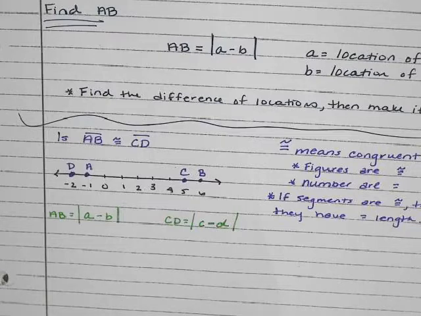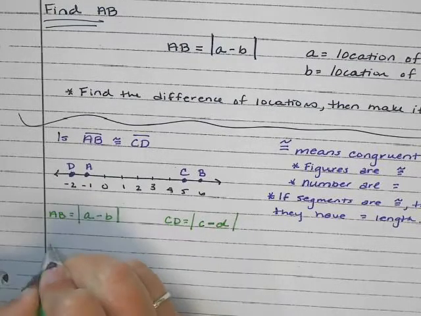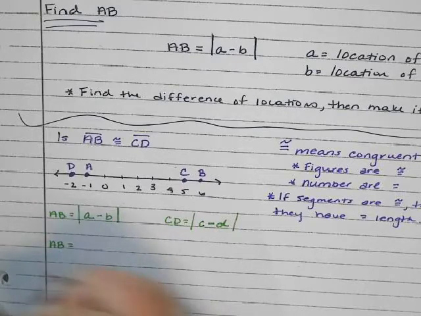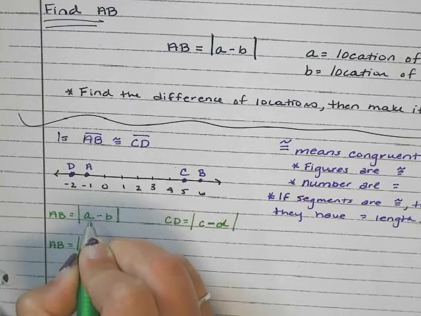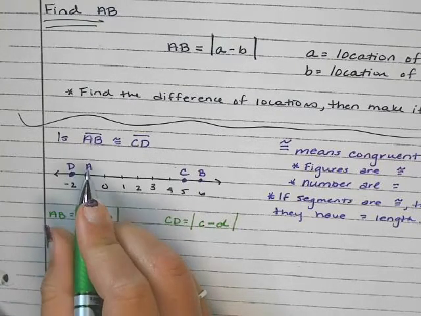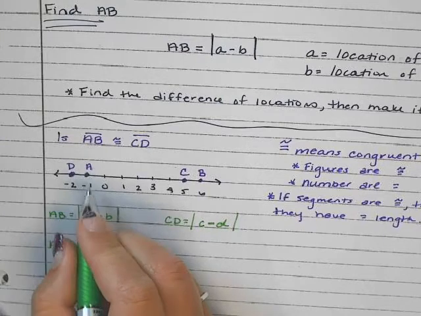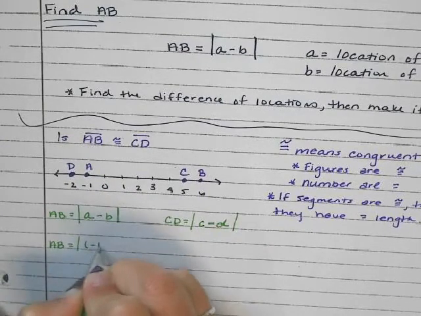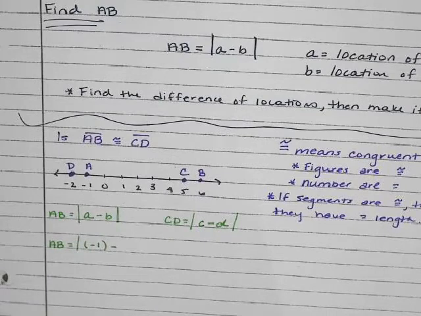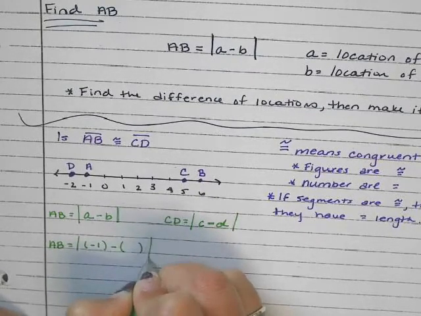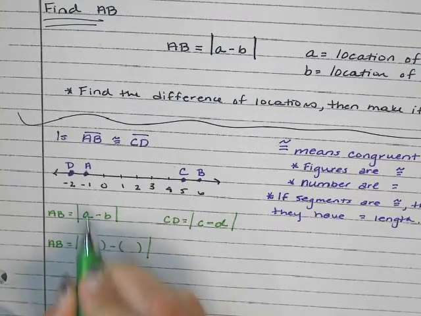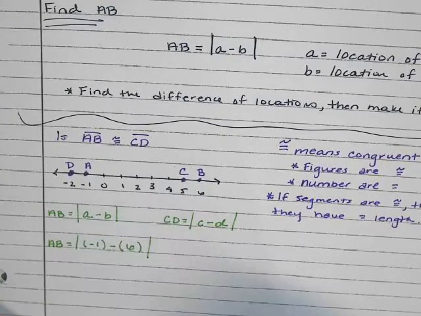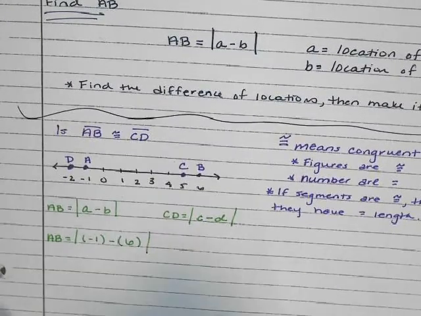All right, so now we actually have to fill this in. If I'm trying to find the length of this segment, where is the location of point A? In the diagram, where's that location at? -1. So I'm going to fill in -1 as A. Now, I would recommend using parentheses here because often people miss a negative symbol because it's subtraction. Where's the location of B? At 6. So I'm going to fill it in just like that. I'm going to solve this.